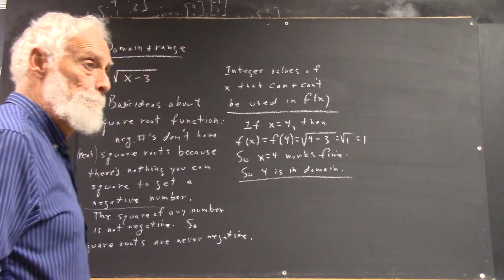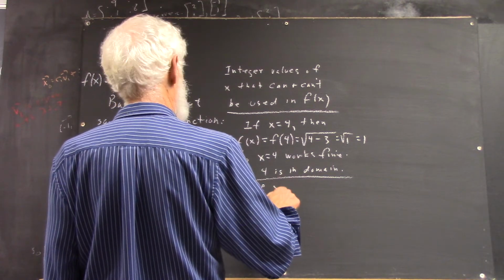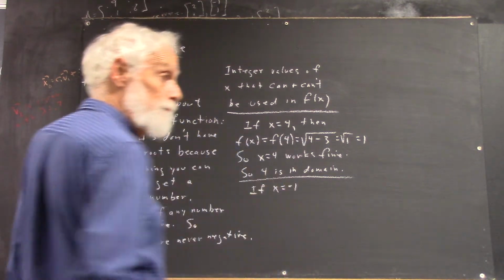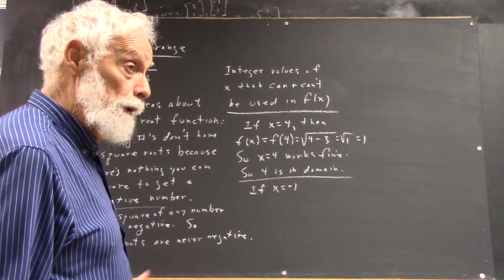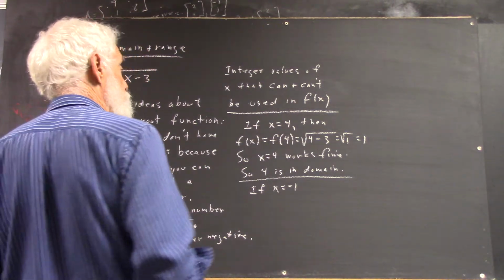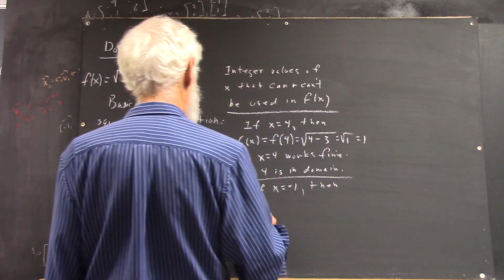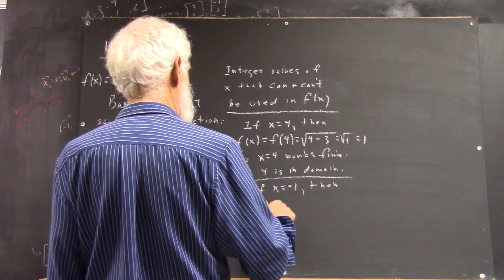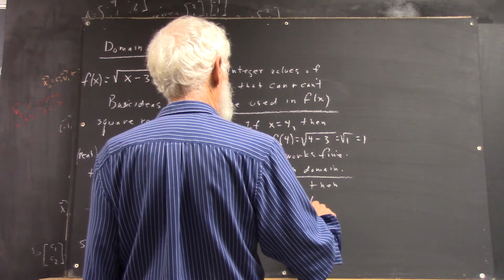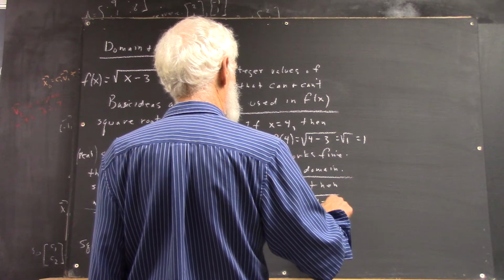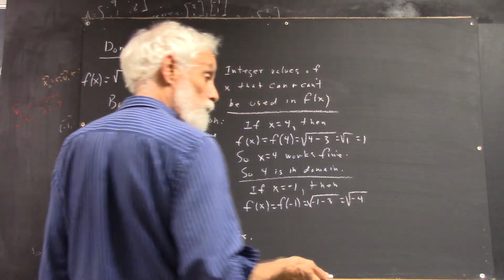Now, the example you used, if x equals -1, because I asked you to find a value that isn't going to work, you pick -1. It's a very good choice. If x equals -1, then f of x equals f of -1 equals square root of -1 minus 3, square root of -4.